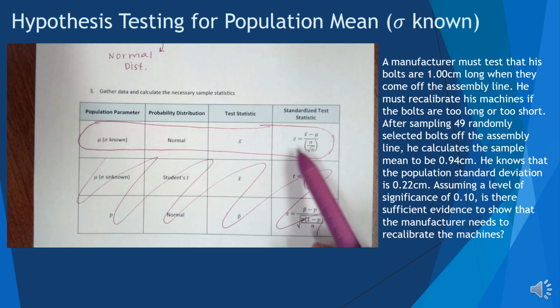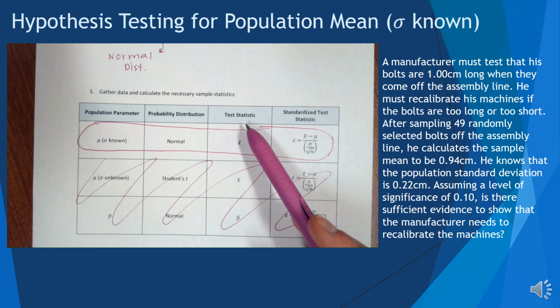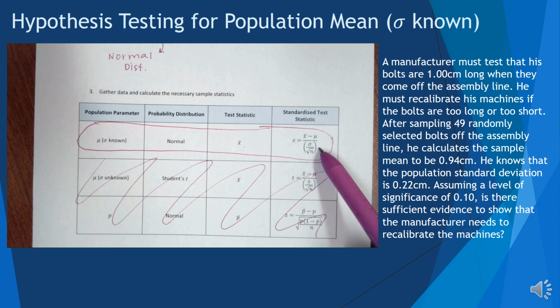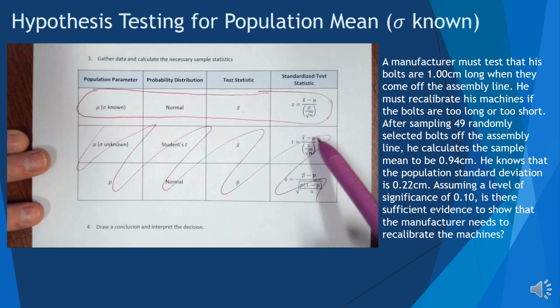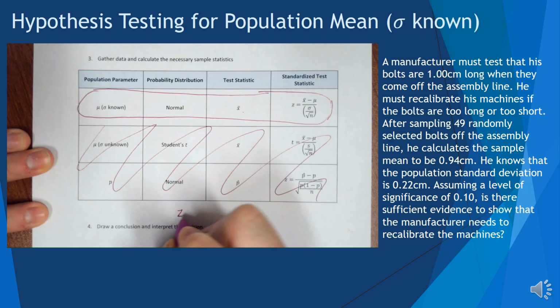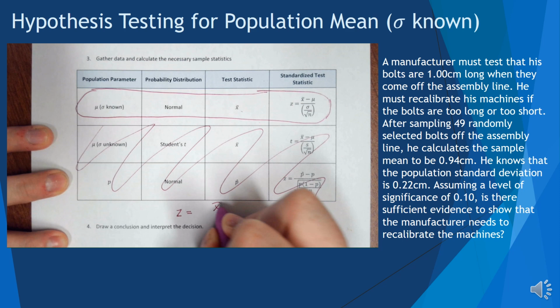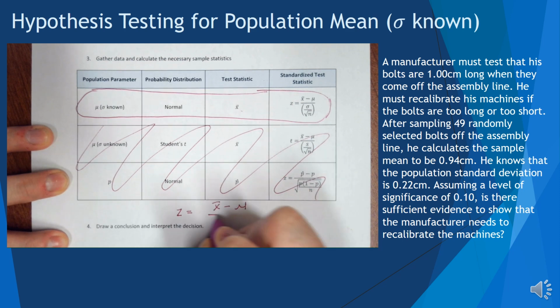Now my test statistic is just my X bar, our sample mean X bar. And the standardized test statistic, that's what they're going to be asking you for. Alright, so let's calculate the standardized test statistic. Alright, so that's X bar minus mu over population standard deviation divided by square root of n.